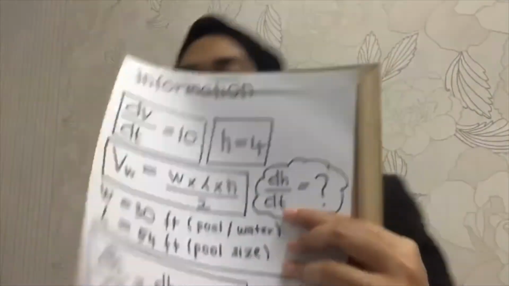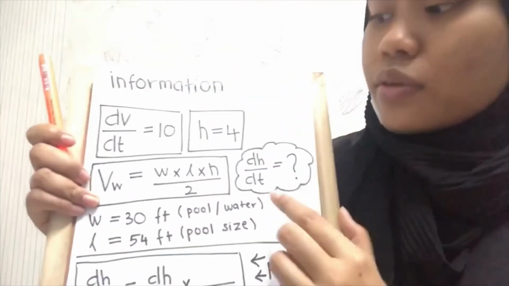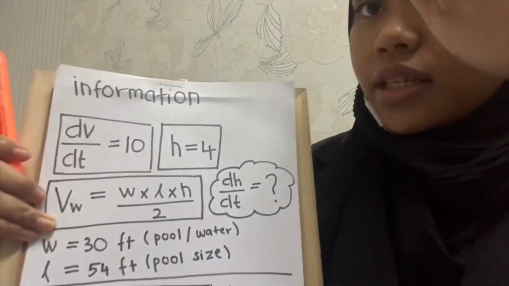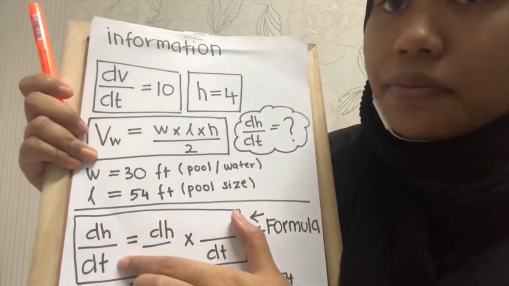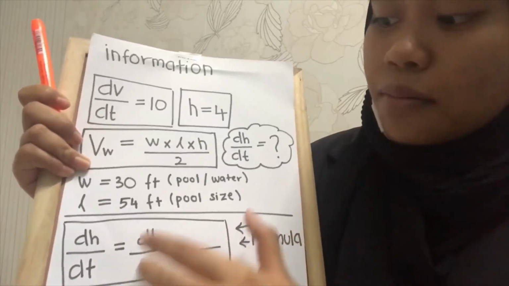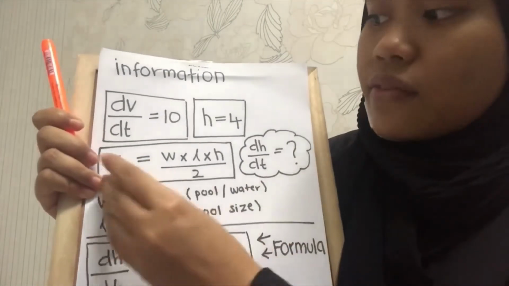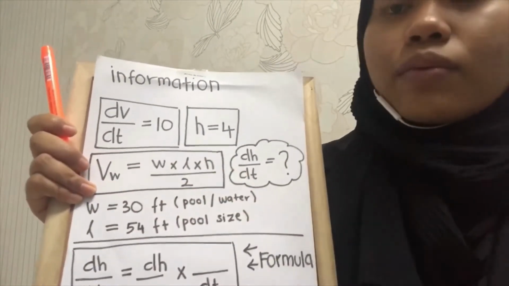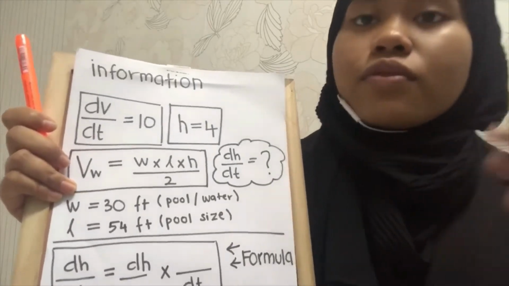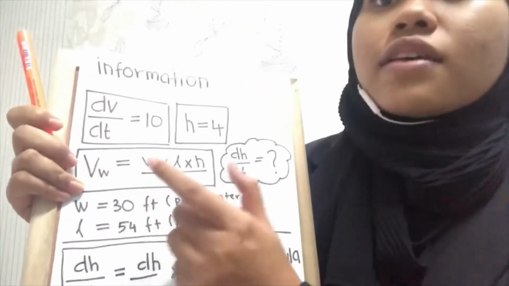So first thing, we must create the formula of dH/dt. So this is the formula of dH/dt. dH/dt is equal to dH over dV, since they give us the volume of the water, so we already have the formula of volume, so we can create dV/dH from this formula.